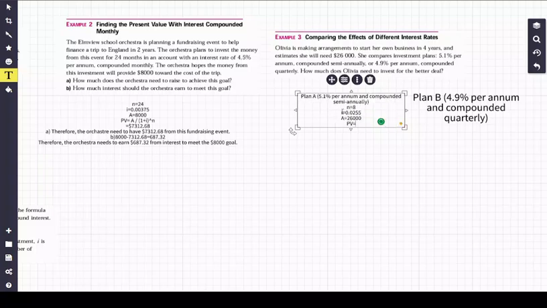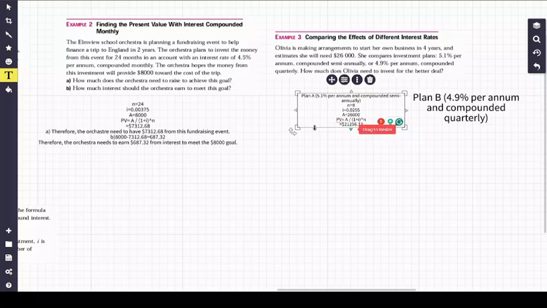And PV equals A over 1 plus i to the power of n, equals 26,000 divided by 1.0255 to the power of 8. So we're going to have $21,256.32.